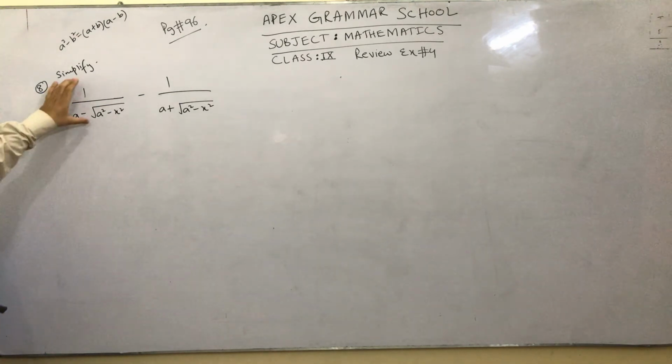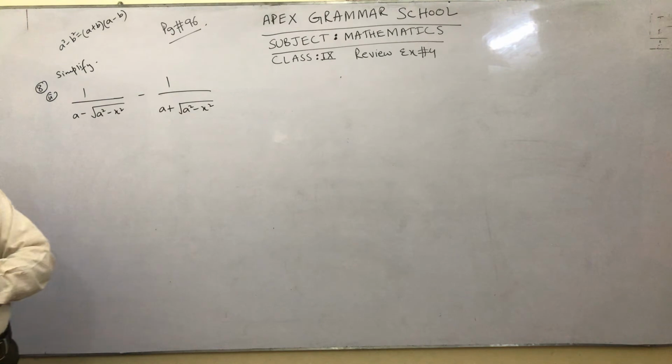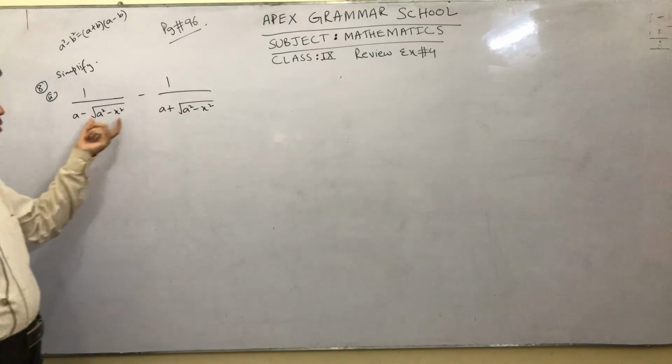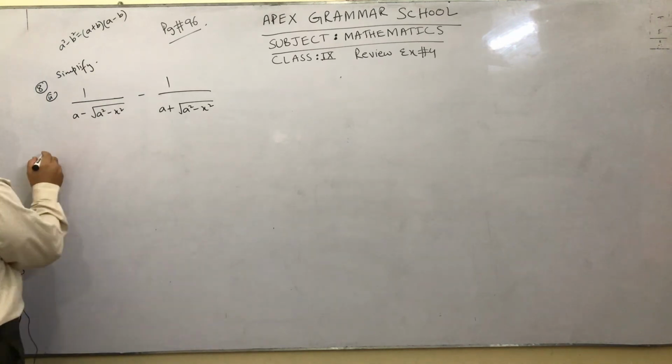This is a fraction and this is also a fraction, and you can see that both contain the negative sign, so we can just take the LCM of them.